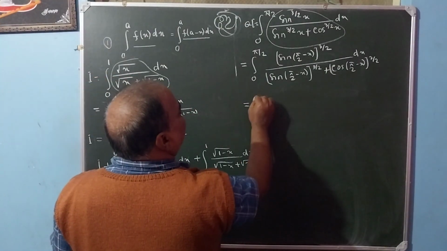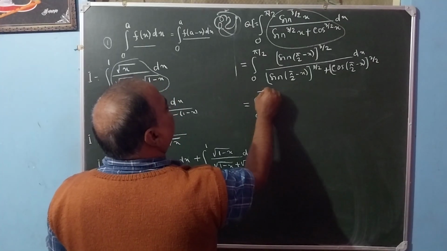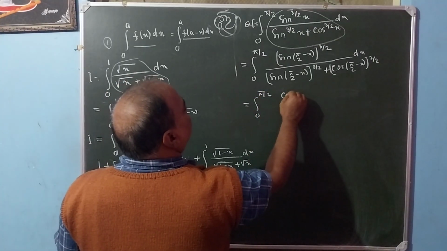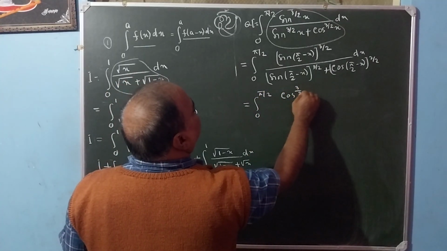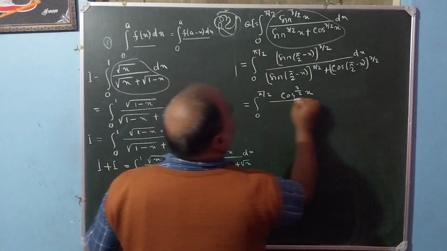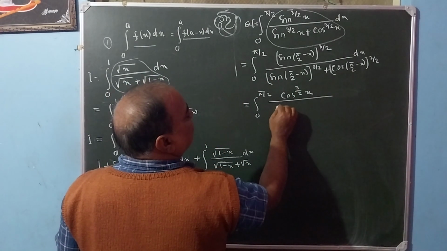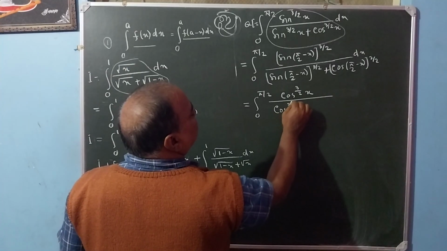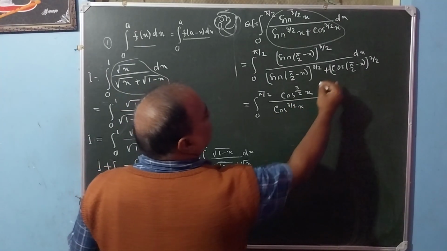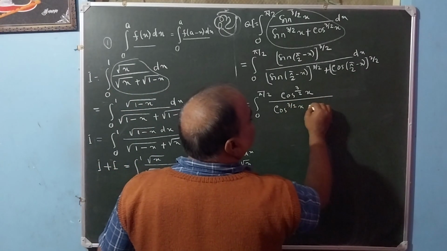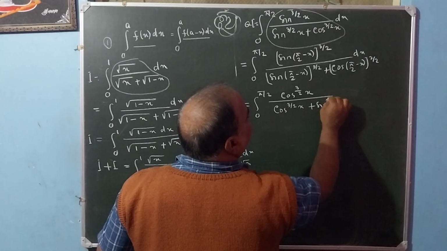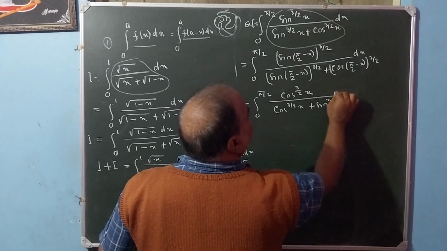So that can be written as 0 to pi by 2 of cos to the power 3 by 2 x divided by cos to the power 3 by 2 x plus sin to the power 3 by 2 x, dx.